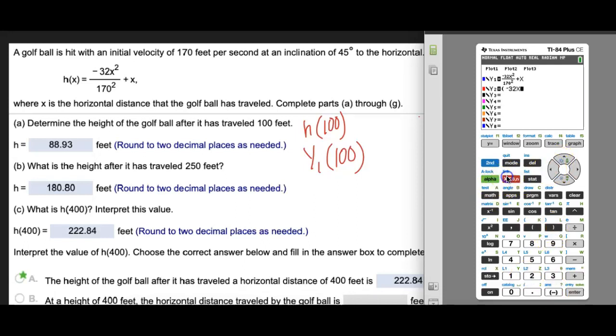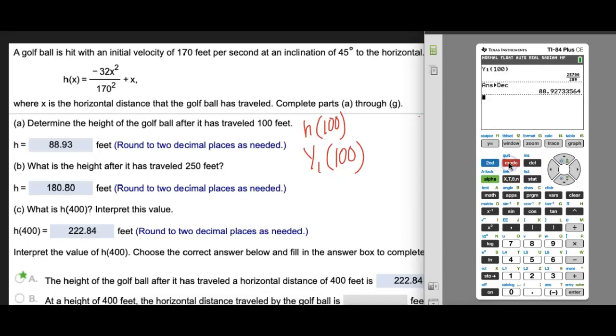Oops, that's not the whole numerator. And then divide by the denominator like this. So that's the same equation, but I'm not using that fraction template like I did earlier.